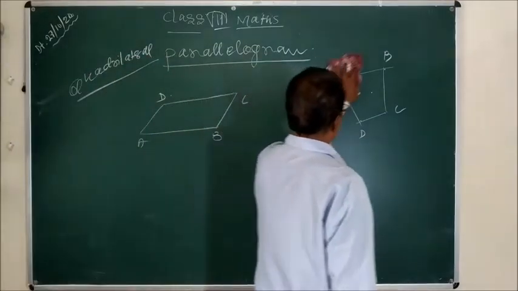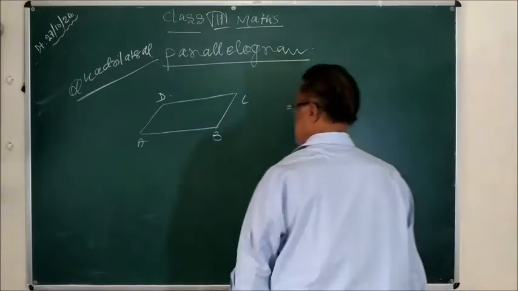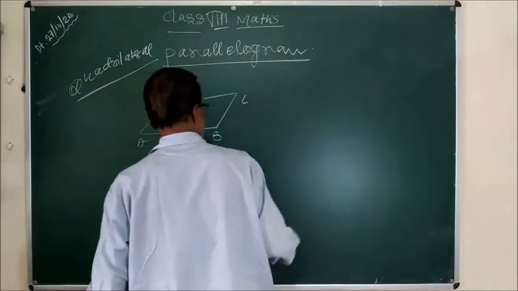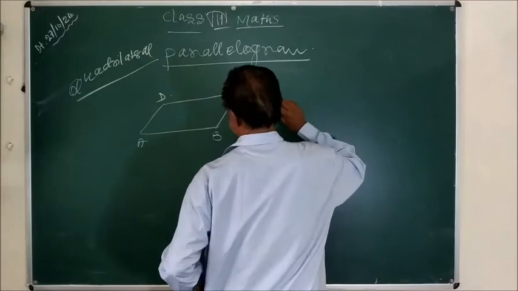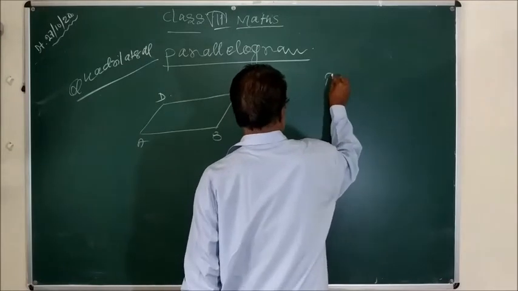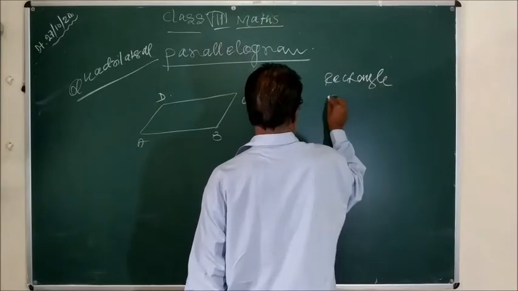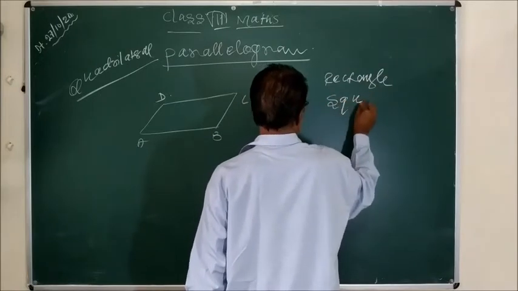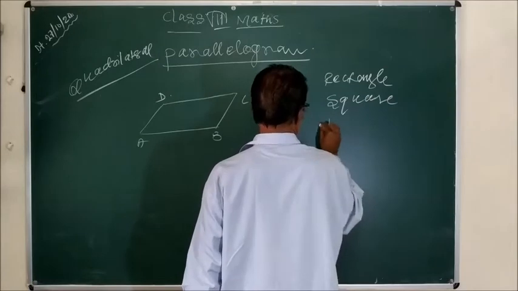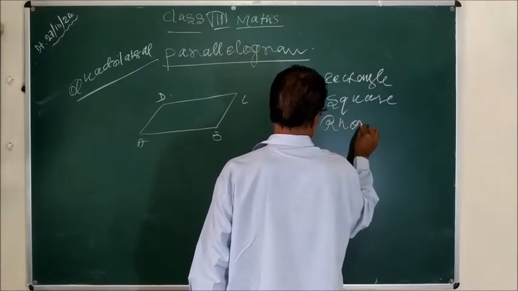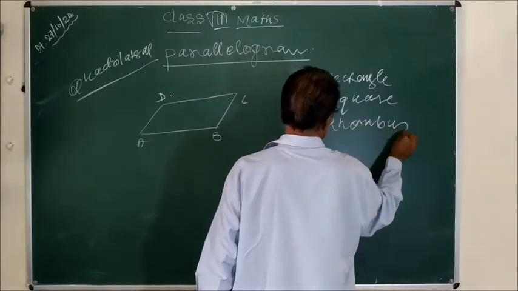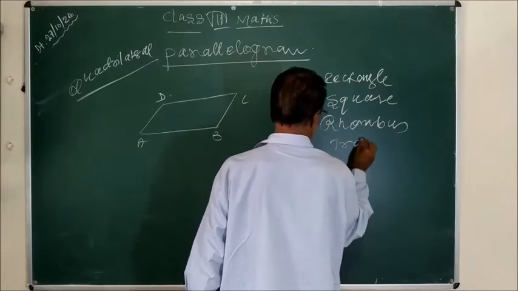Today, although the name of the chapter is parallelogram, you will also learn about the rectangle, a square, a rhombus, a trapezium.